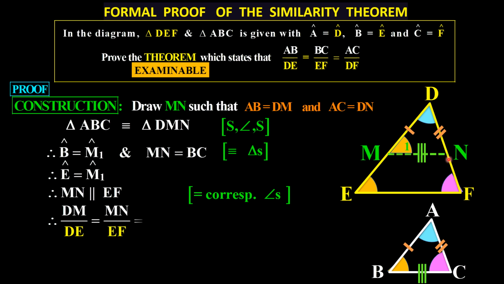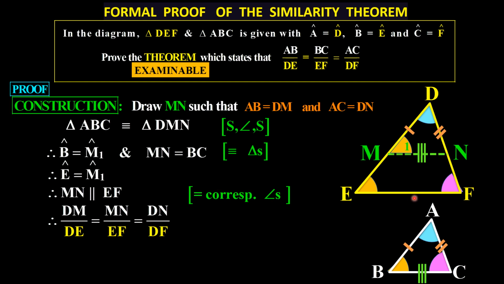So let's apply the proportion theorem. DM over DE is equal to MN over EF and DN over DF. But if we look at that, DM was part of my construction, and DM is exactly the same as AB, so we can replace DM by AB. MN is exactly the same as BC, that's from our congruency.